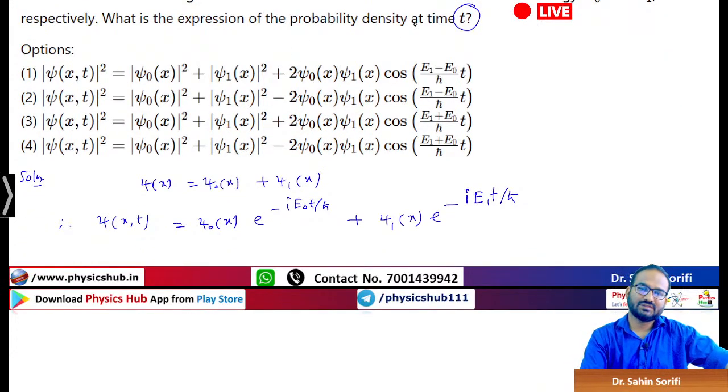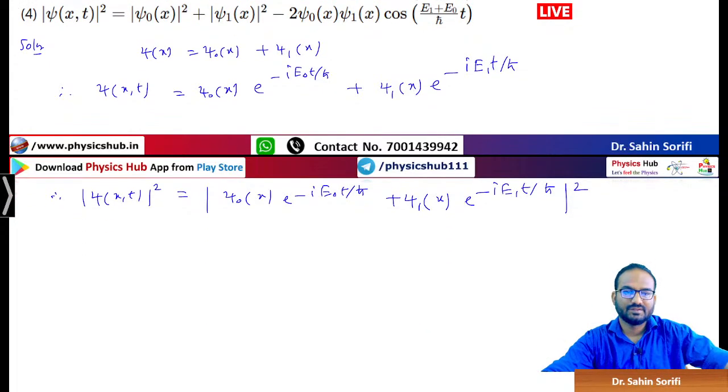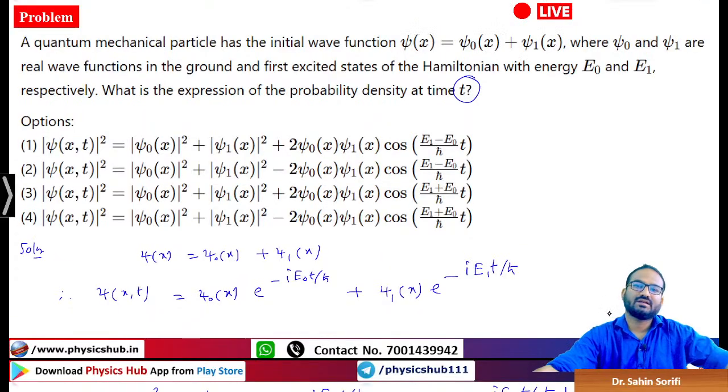So what is the expression of probability density at time t? So the probability density is mod psi of x,t whole square. So this is taking this thing's mod. And you know what mod psi square is? It is psi star psi, okay? And psi 0, psi 1, these are real wave functions.